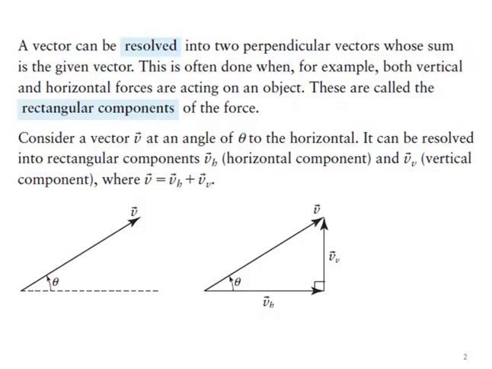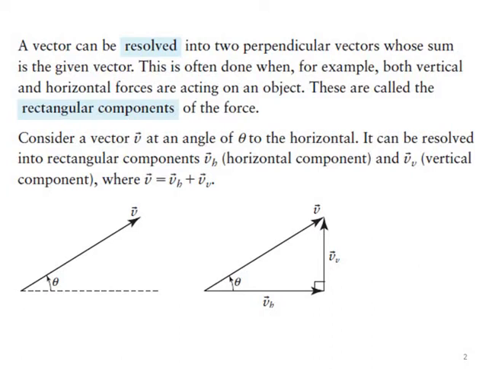A vector can be resolved into two perpendicular vectors whose sum is the given vector. This is often done when, for example, both vertical and horizontal forces are acting on an object, and these are called the rectangular components of the force.